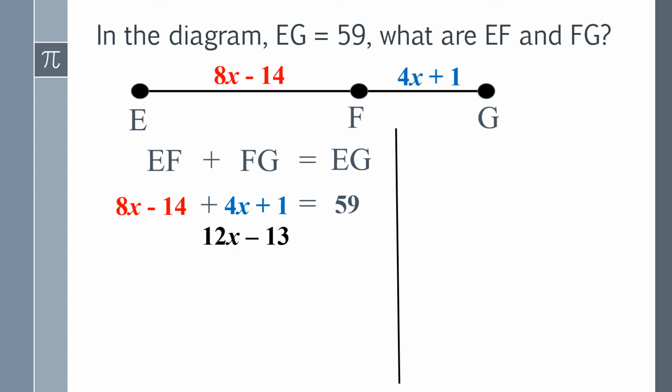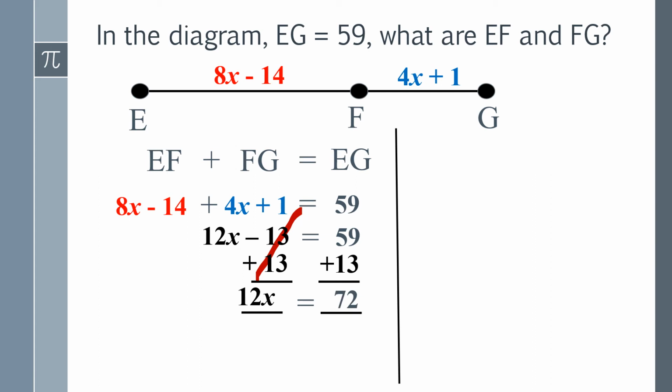So we get 12x minus 13 is equal to 59. Add 13 to both sides. So now we're going to cancel out 0, bring down what's left. 12x is equal to 72. Divide both sides by 12. X is equal to 6.